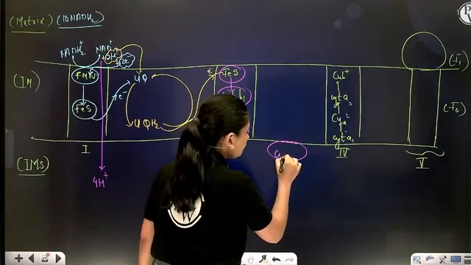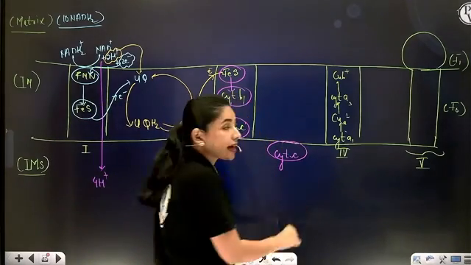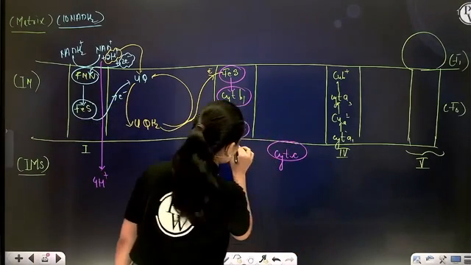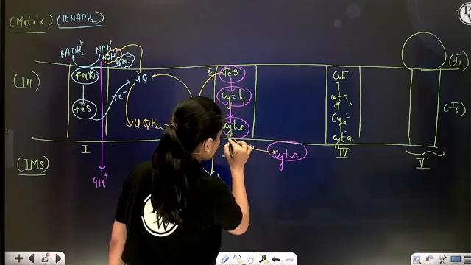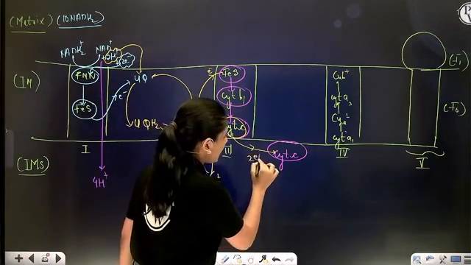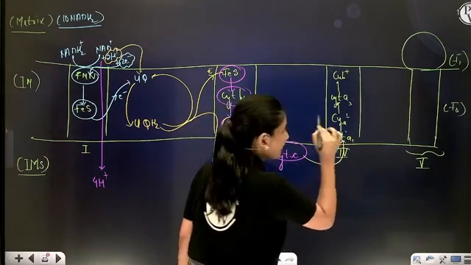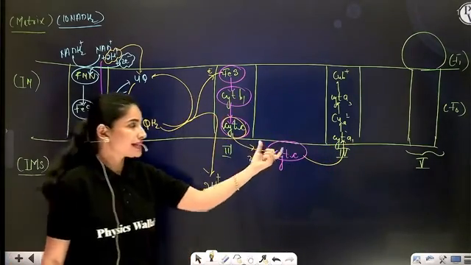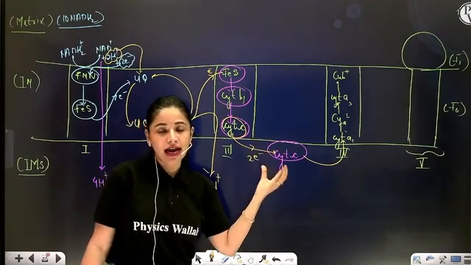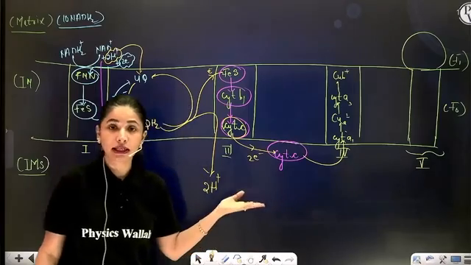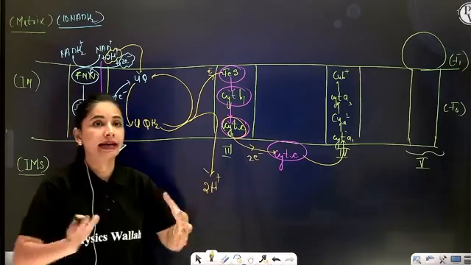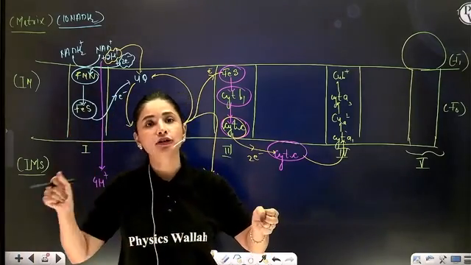It accepts the electron from the cytochrome C of complex 3 and passes those electrons to complex 4. So this is like an intermediate, a connector between complex 3 and complex 4.